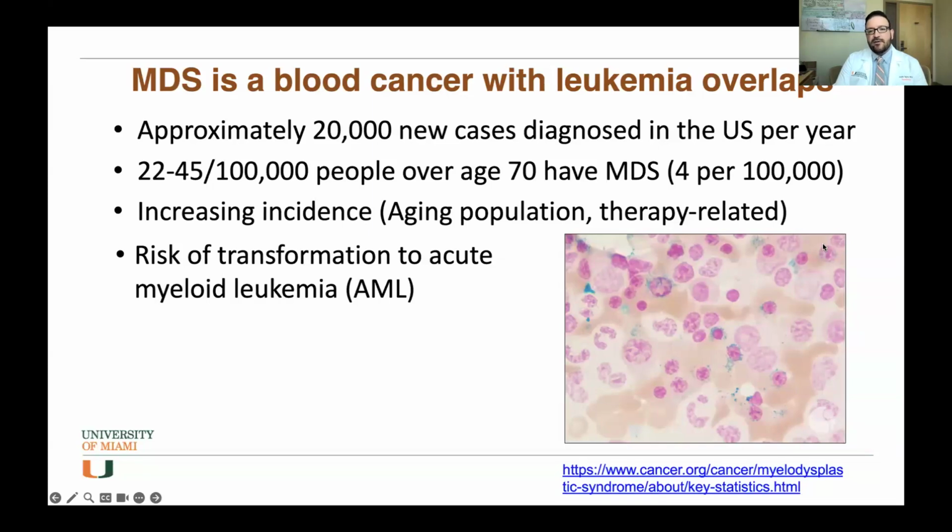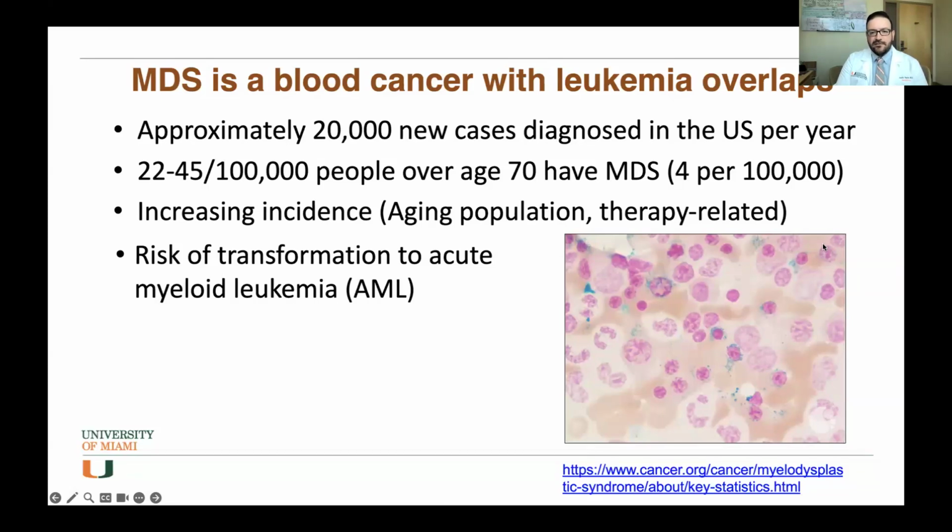The other risk factor for MDS is if you've had prior therapy for cancer, say another type of cancer. If you've received chemotherapy or radiation therapy, that can increase the risk of MDS. In that case, we would call it therapy-related MDS, and that has its own features that make it slightly different than non-therapy-related MDS.